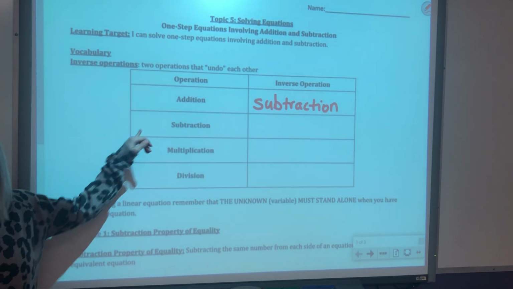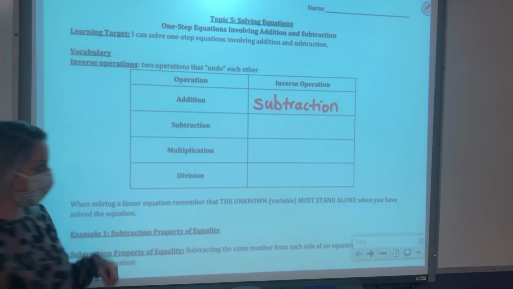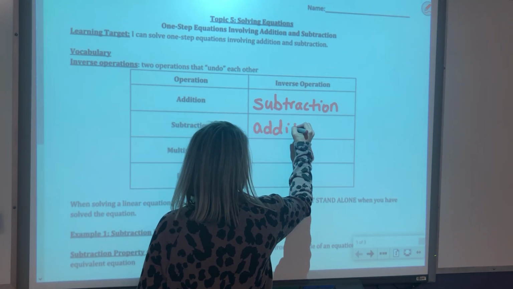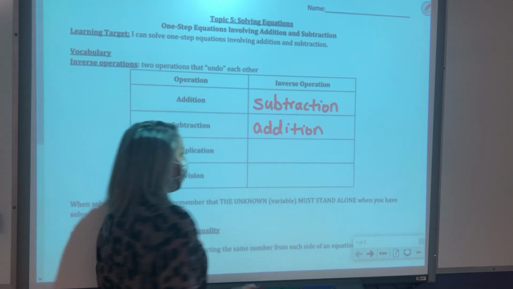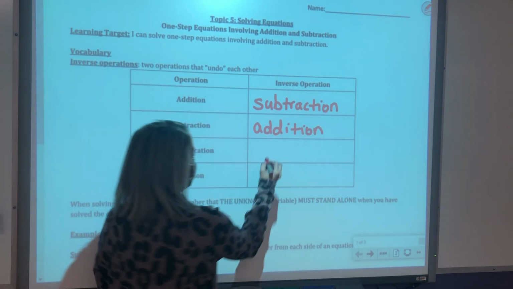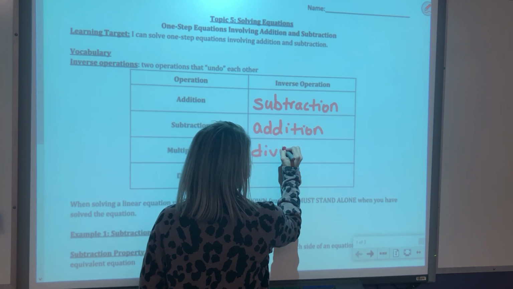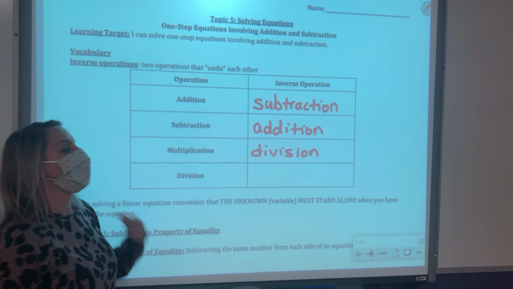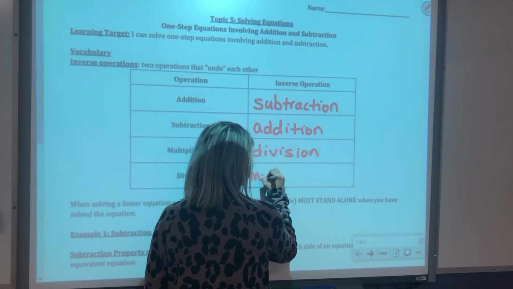Then the inverse of subtraction would be? Addition. Then the inverse of multiplication? Division. And the inverse of division? Multiplication.